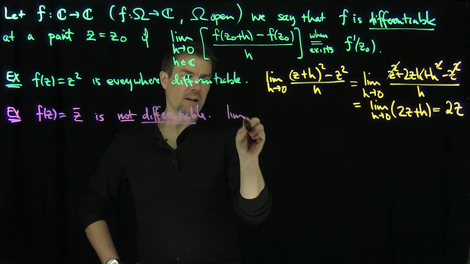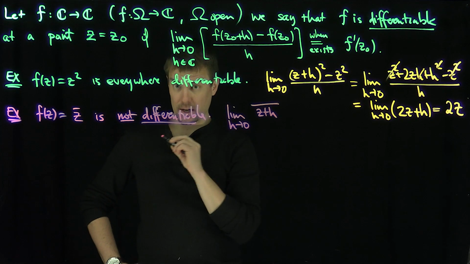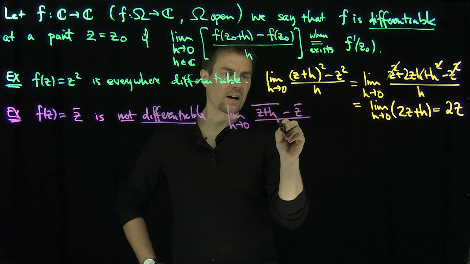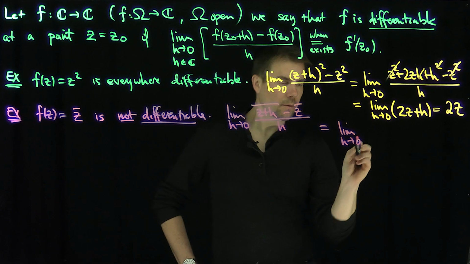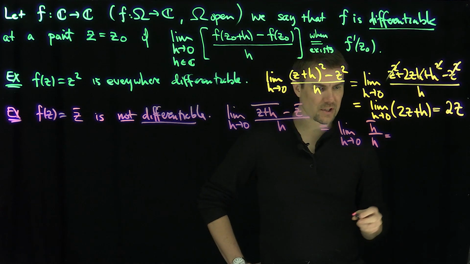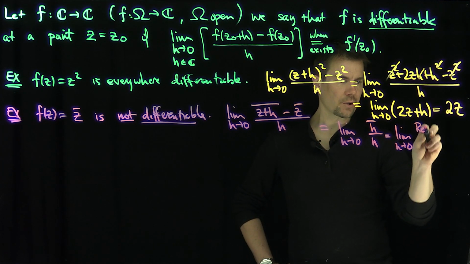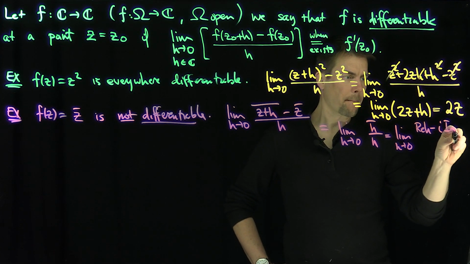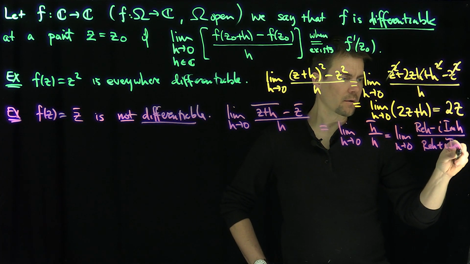You have the limit as h goes to 0 of the complex conjugate of z plus h, that's the function, minus the complex conjugate of z, all divided by h. Well, this is just the limit as h goes to 0 of h bar over h, which is just the limit as h goes to 0 of the real part of h minus i times the imaginary part of h, over the real part of h plus i times the imaginary part of h.